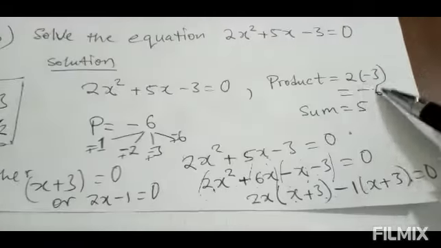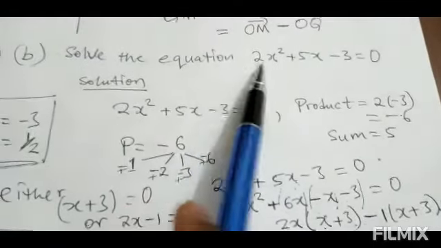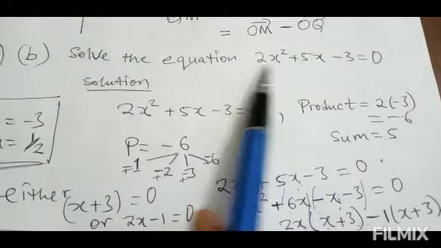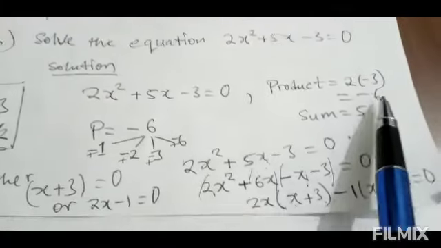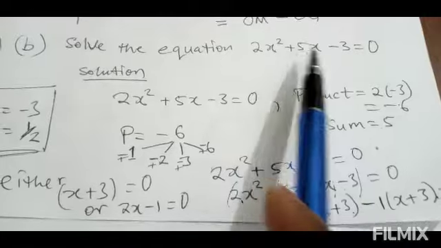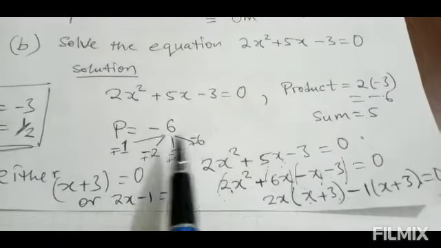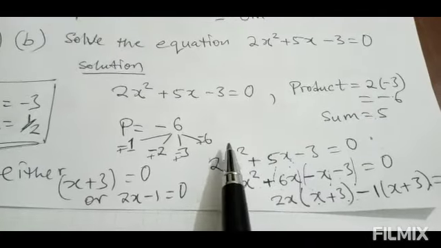Okay, look, we multiply the coefficient of x squared with the constant, and we get minus 6, and the sum is positive 5. So what two factors of 6? It is plus 6 and minus 1.